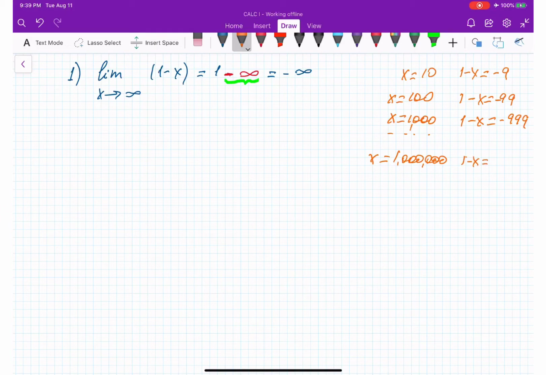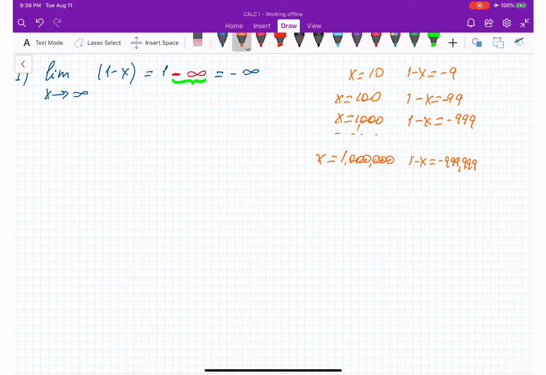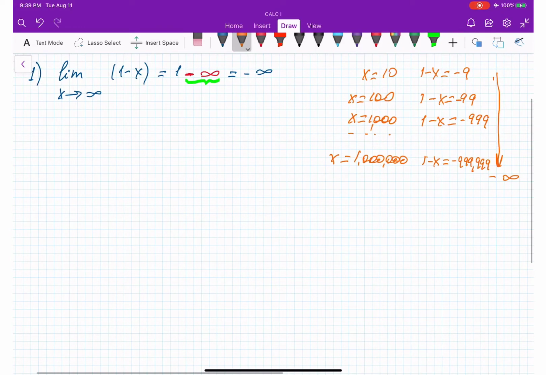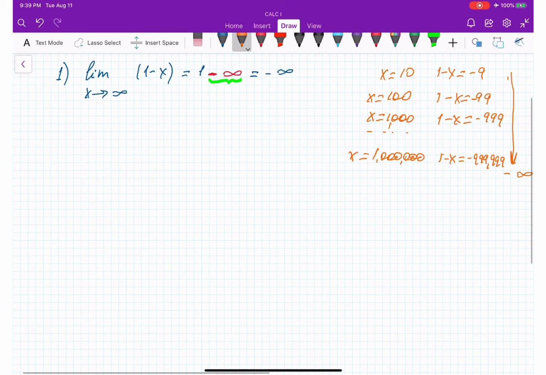And practically, what's happening here? It's running: negative 9, negative 99, negative 999, so it's running towards negative infinity. That's the smallest number. It's getting smaller and smaller and smaller until it becomes negative infinity. So therefore, it's going to be equal to negative infinity.